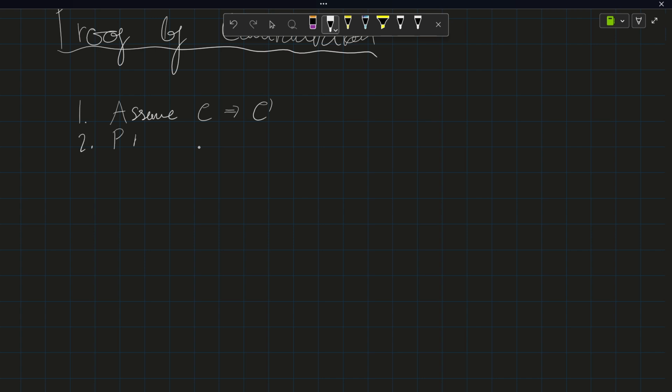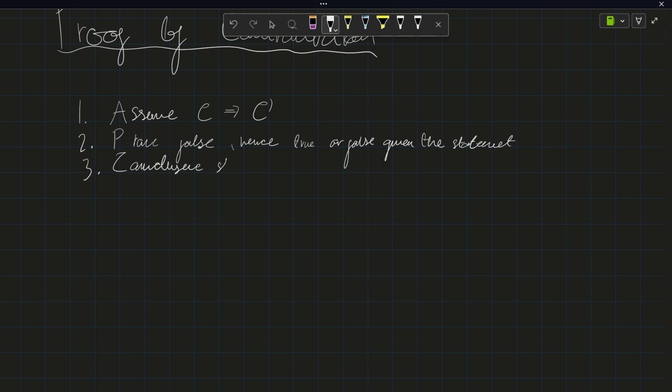Then you have the second step, which is prove that it is false, and true statement. And you just have a concluding step, which you can technically combine with your second step if you're good enough, without actually having to do much.